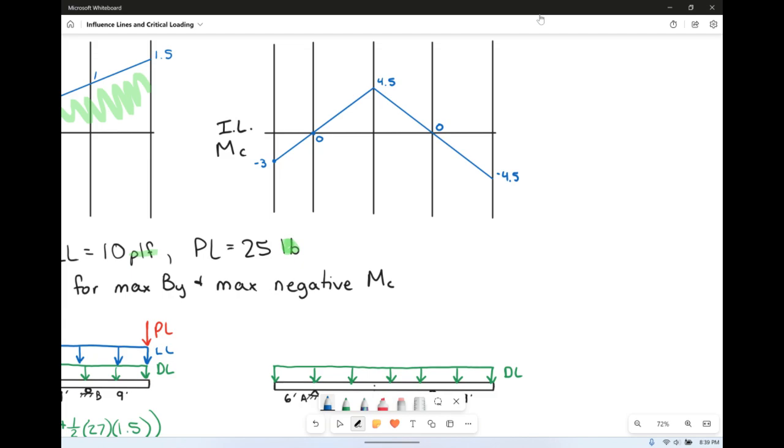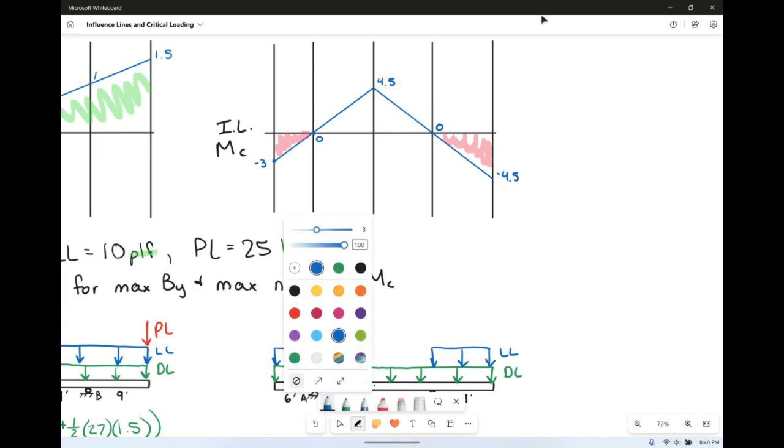So it can act over all or part. We want maximum negative MC, so we want to maximize our negative triangles here. So we're going to put our live load across just that area, and the other area is over here. So that's our live load.